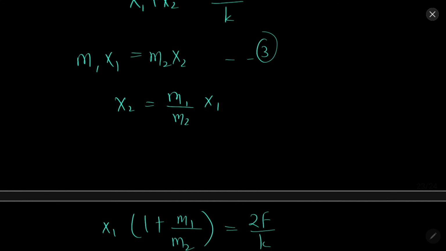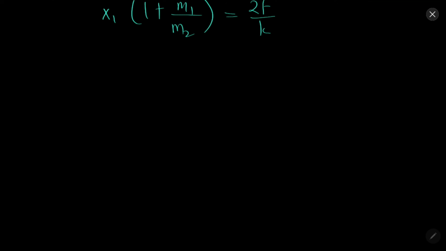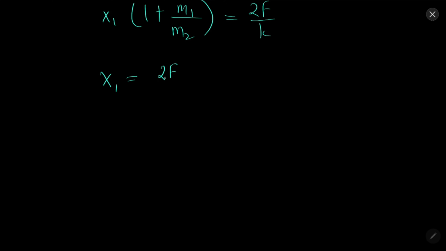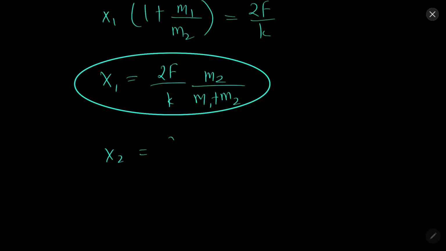Put the value in this equation. So x1 after simplification will be m2 over (m1 plus m2), and x2 after simplification will be m1 over (m1 plus m2).